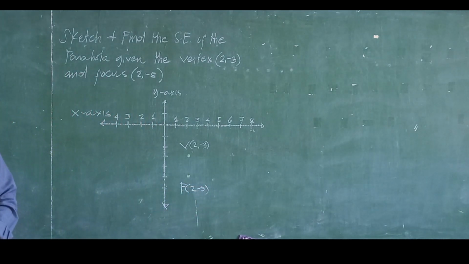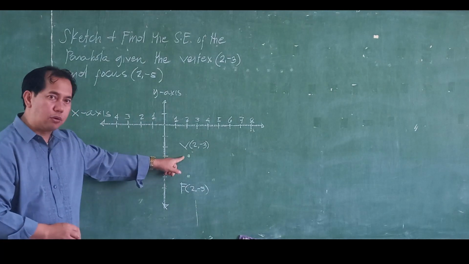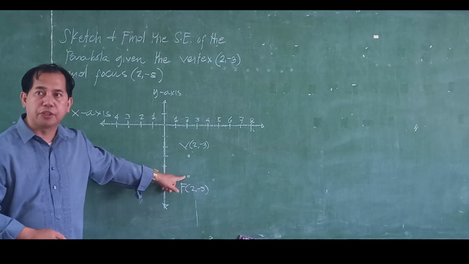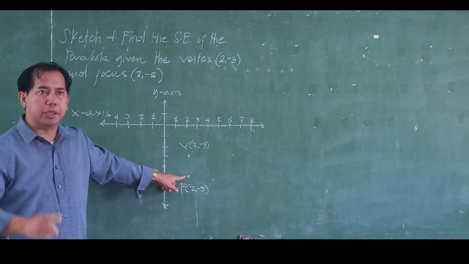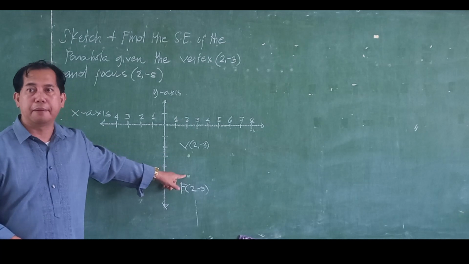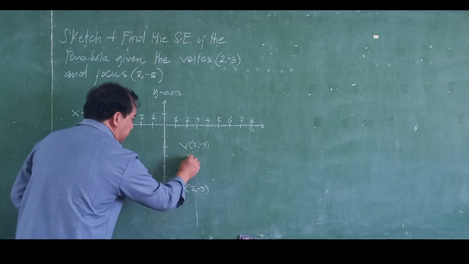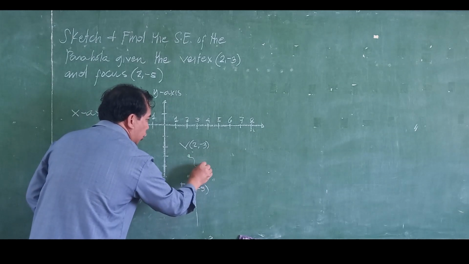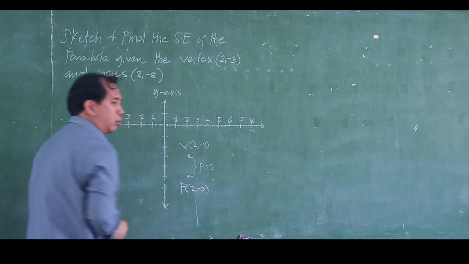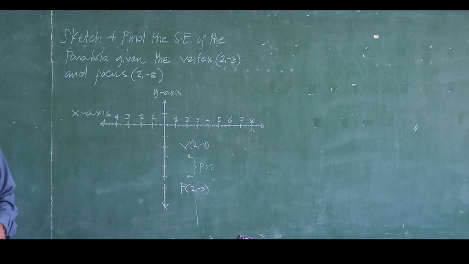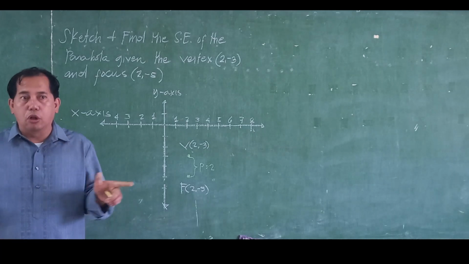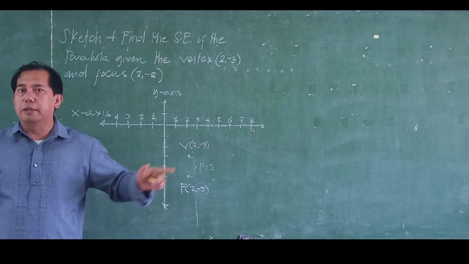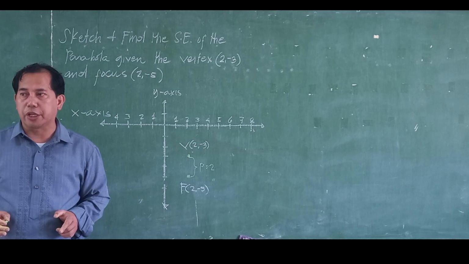Now, because that is the vertex of the parabola, and of course the focus of the parabola, we have said that P is actually the distance between them. What must be the distance? We have 2 units. So our P is 2 units. From that, we can now locate also the endpoints of the latus rectum.